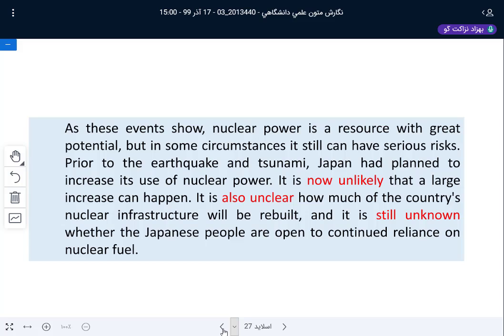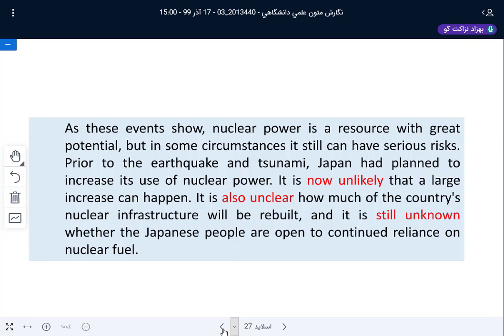So, as you see, it's still unknown, it's still unclear, it's now unlikely. These words just signal a kind of prediction and warning, okay? It suggests taking an action, a future action.